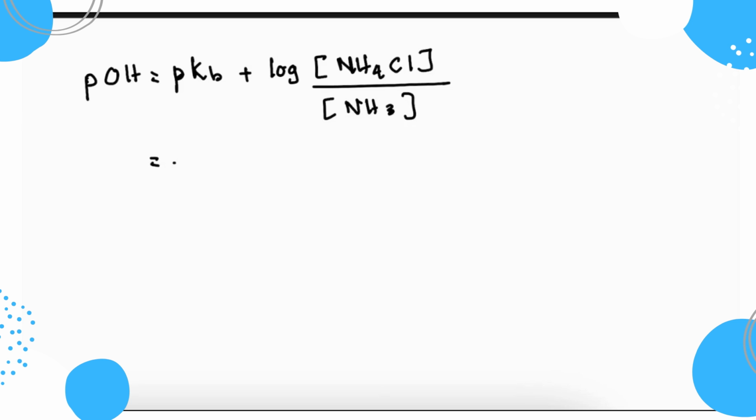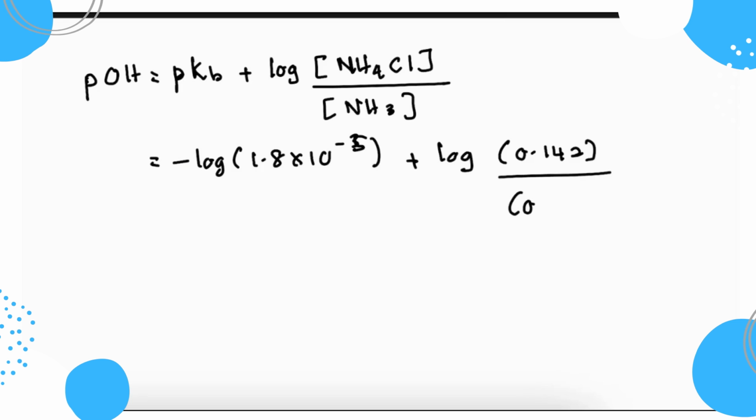Okay, so negative log 1.8 times 10 to the power of negative 5 plus log, now we can insert the values, 0.142 over 0.571. So the answer is negative 0.604, and negative log 1.8 times 10 to the power of negative 5 is 4.74.